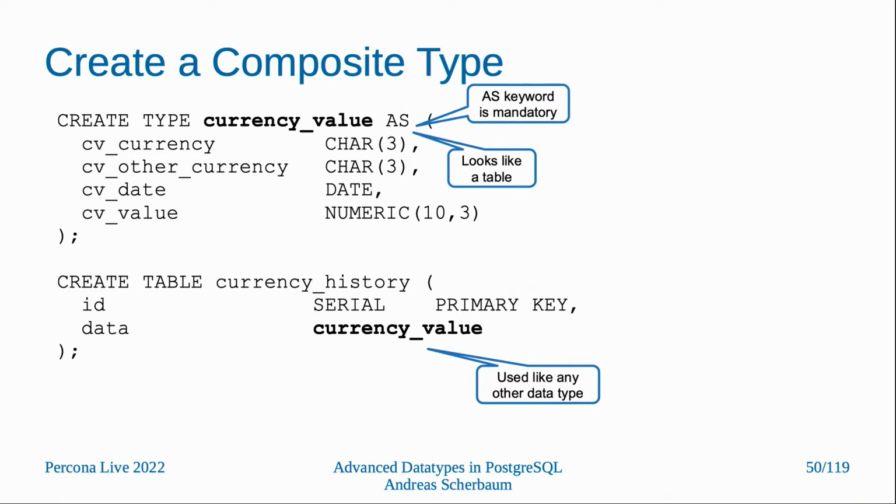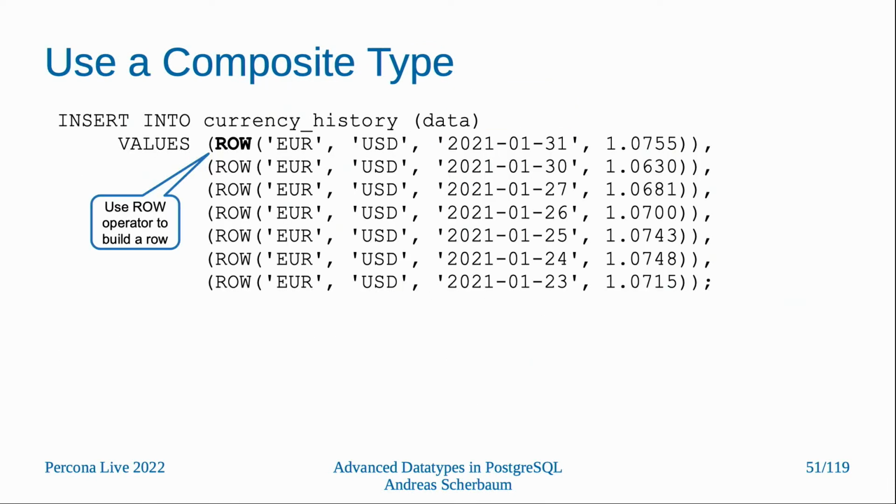It's numeric. 10 digits should be enough for most currencies in the world here. And then you can use this new type like any other data type in Postgres. If you would build this table not using a data type, you would have to add all 4 columns here and add checks, etc. Here we're just using one value.